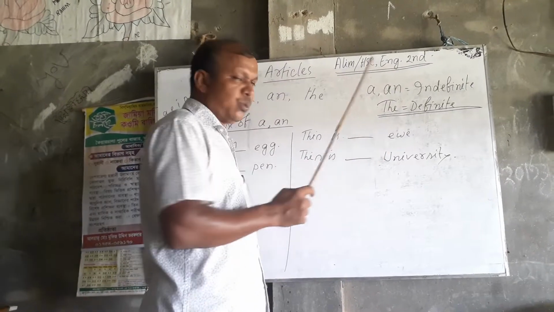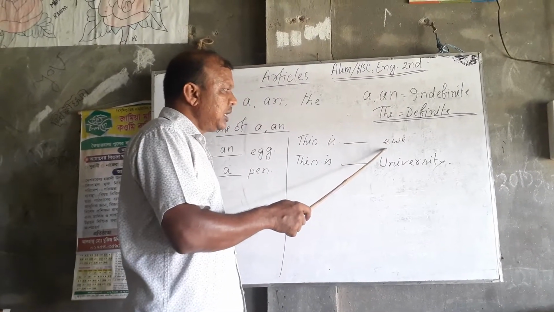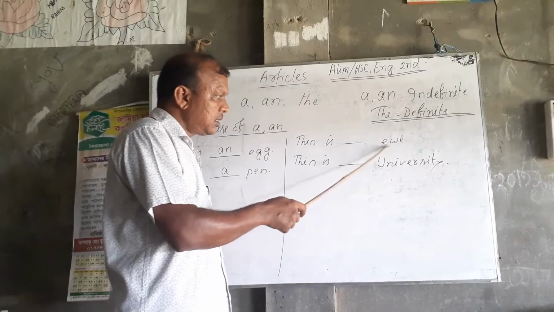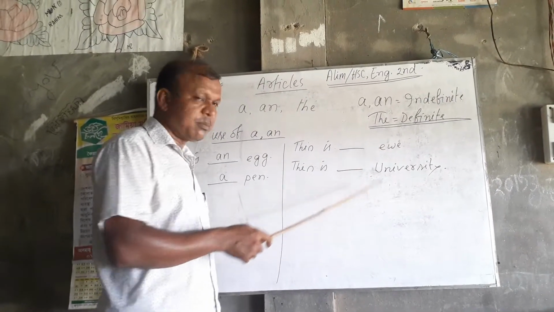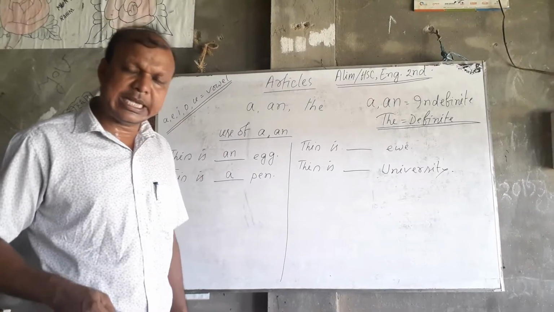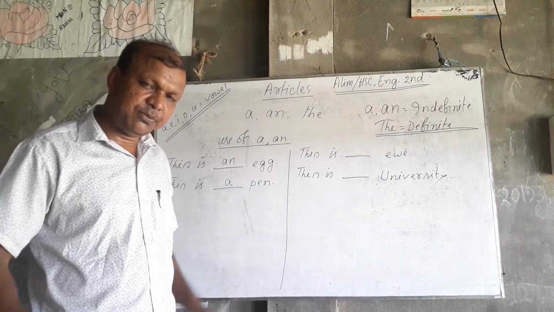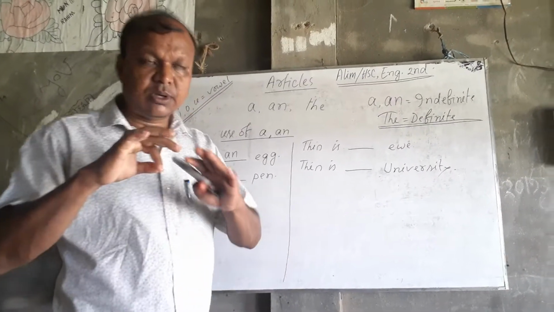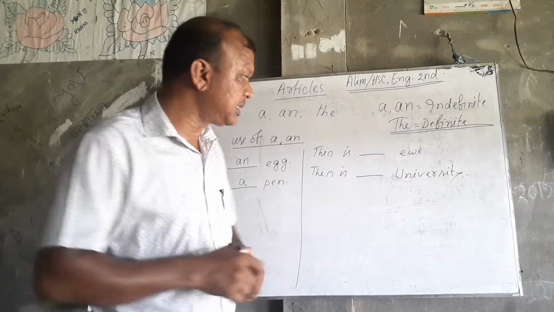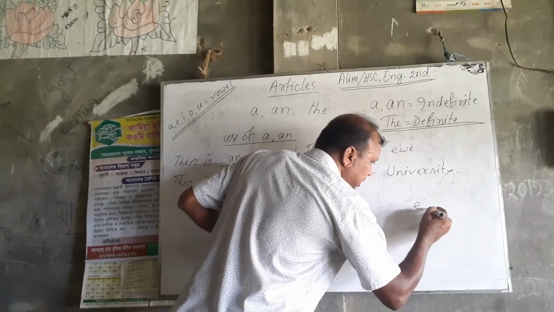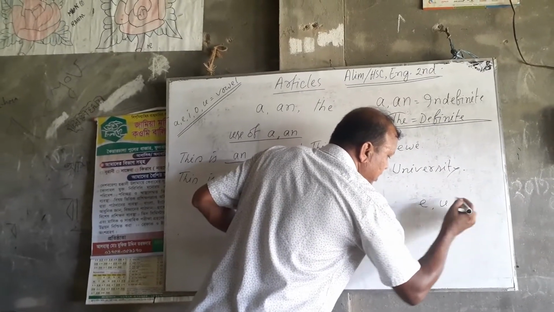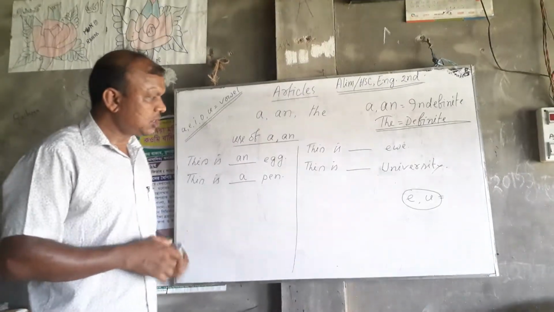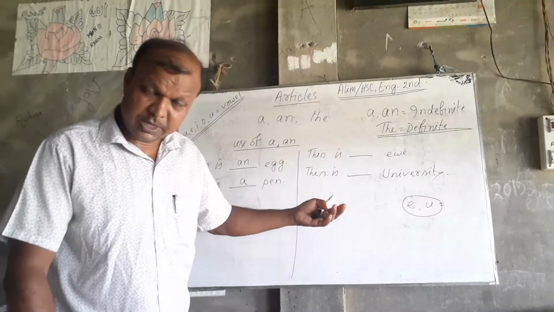This is dash U. If the first letter of the word after the gap is a vowel, but the vowel is pronounced like "you", that means only two letters, E and U, are pronounced in another way, like "you".